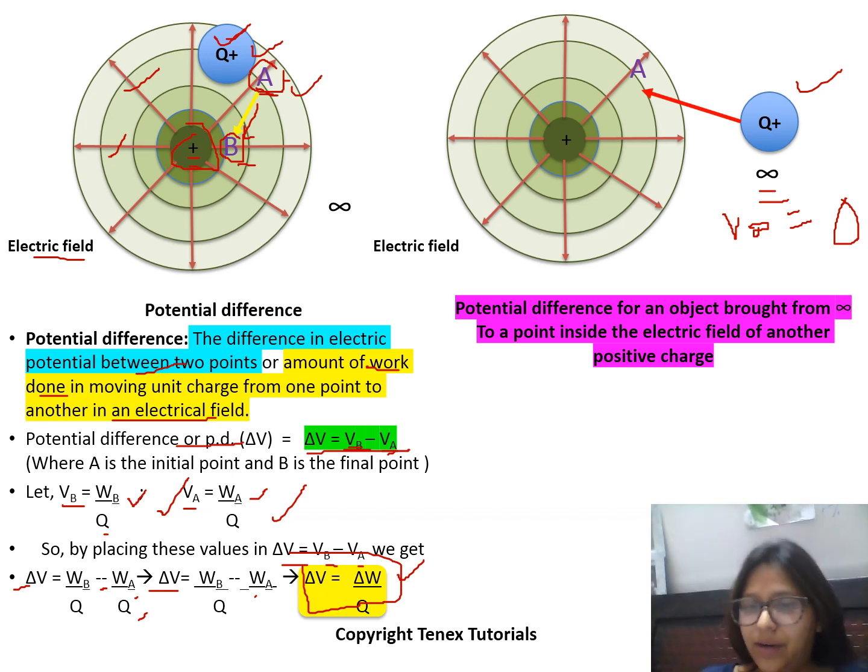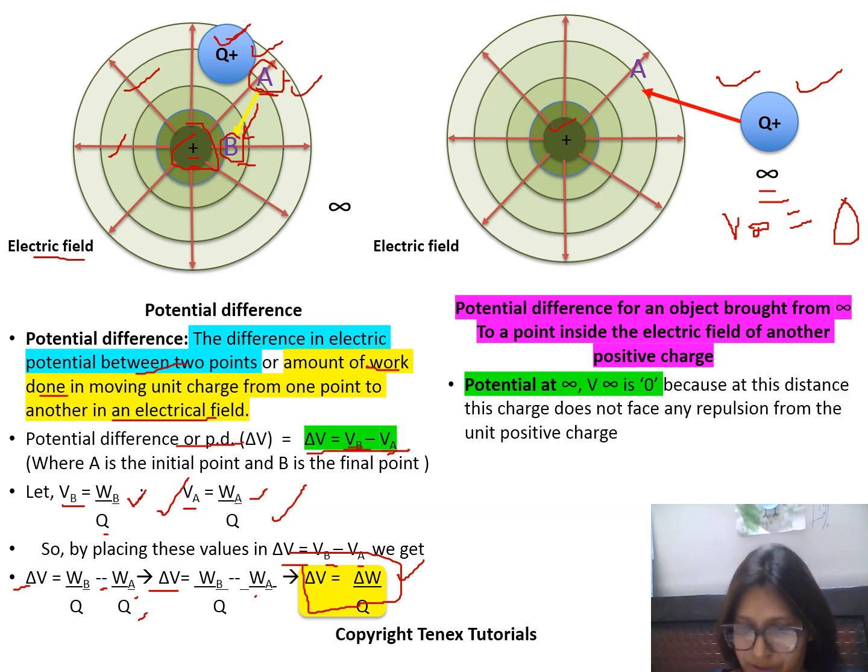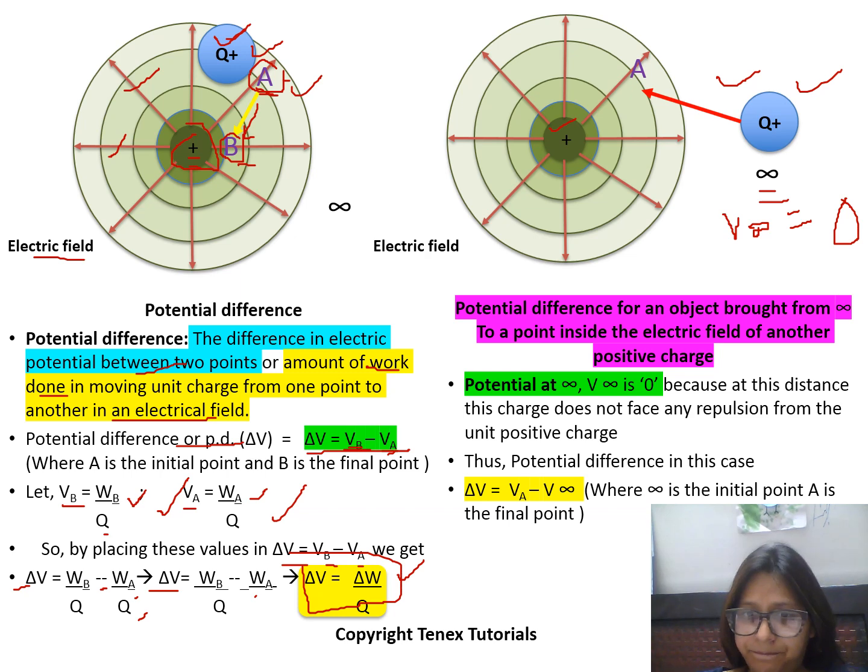Now if I try to bring this quantity of charge inside the electric field of this unit positive charge, what will be the potential difference? The potential difference in this case will be equal to the potential at the final point at which I am trying to bring this quantity of charge, which is VA, minus V infinity, because VA is the final position and V infinity is the potential at the initial position.